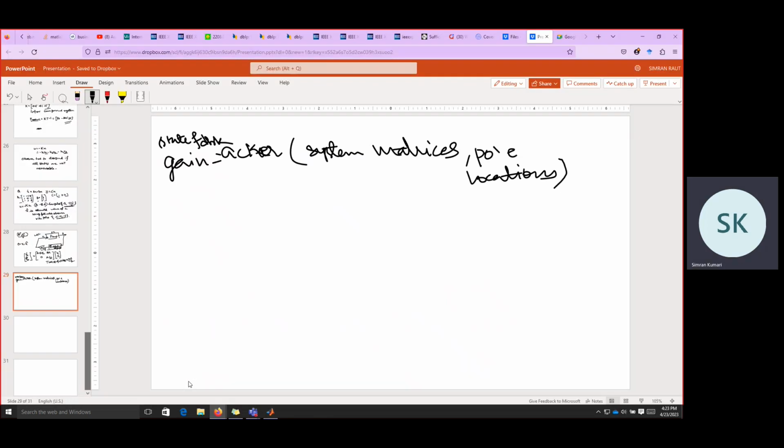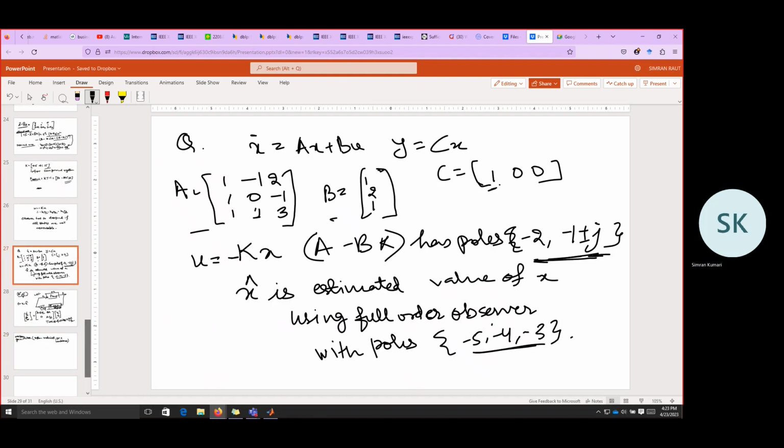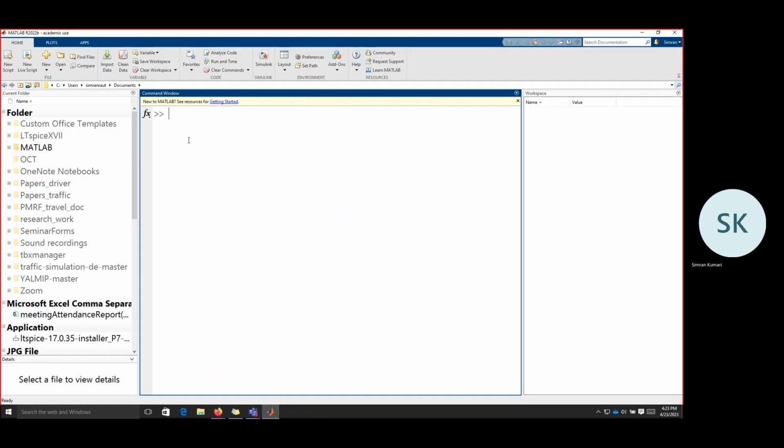So for this question, what is the A matrix? So we have A matrix, which is 1, minus 1, 0, then 1, 0, minus 1, then 1, 1, 3.